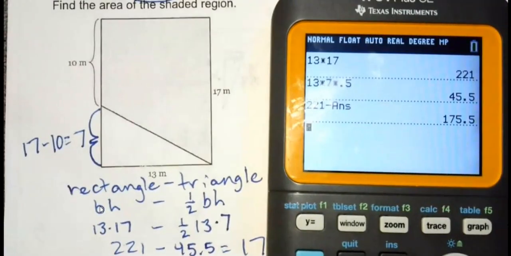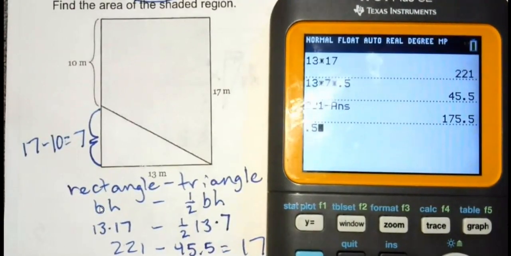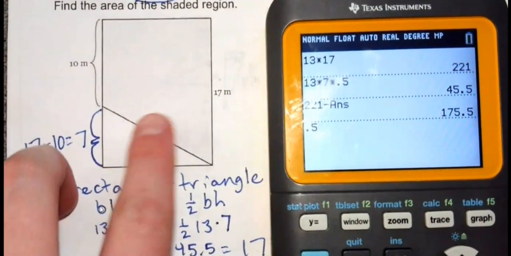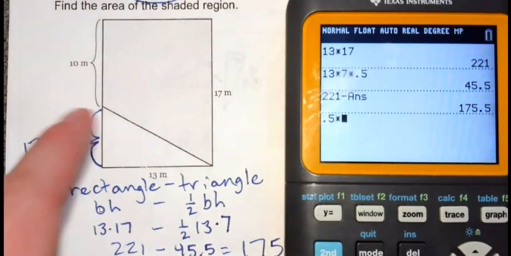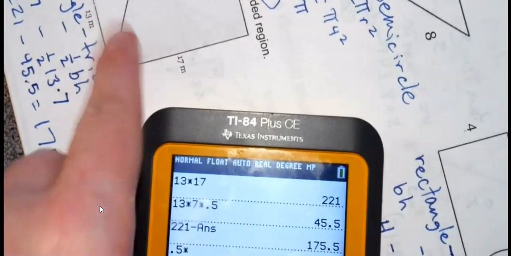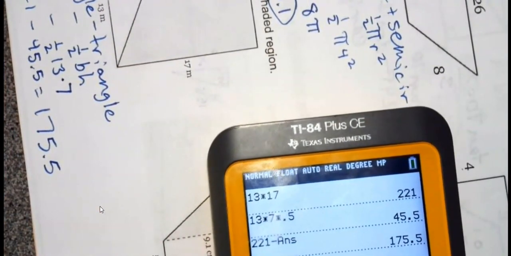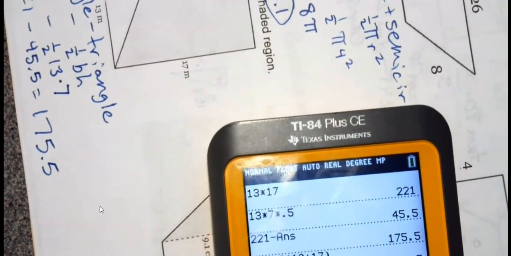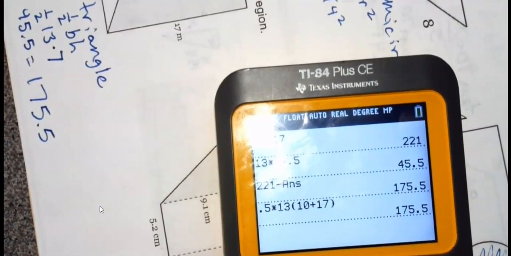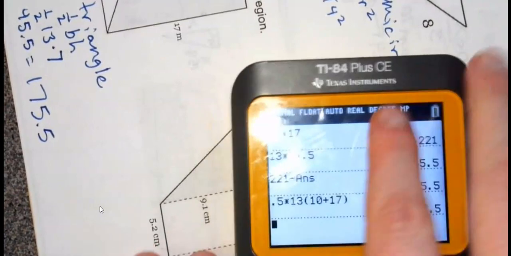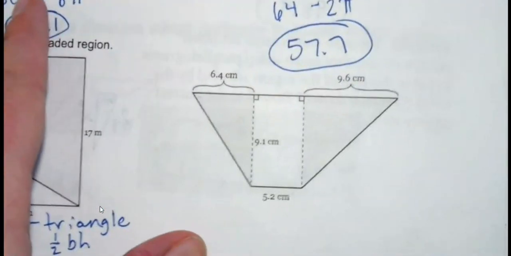I'm not going to write it, but I'll show you guys that you can type in the trapezoid formula. So 1/2 the height, which we'll look at like this, so 1/2 13 times 10 plus 17. You're going to get the same answer. So do it however you wish. If you prefer to just type it in as the trapezoid formula, go for it.